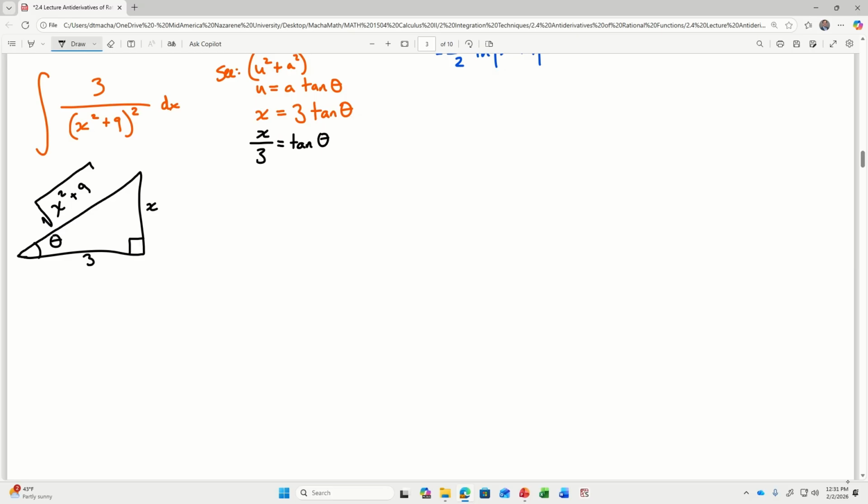I'm not going to tell you where to look, but if I had adjacent side over hypotenuse, I would have 3 divided by square root of x squared plus 9. That's kind of close, right? What trig function is adjacent divided by hypotenuse? Cosine. Cosine of theta would be the adjacent side divided by the hypotenuse.